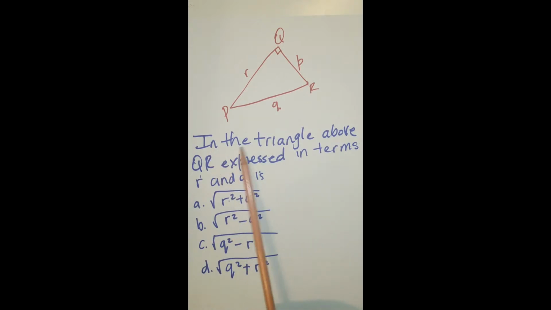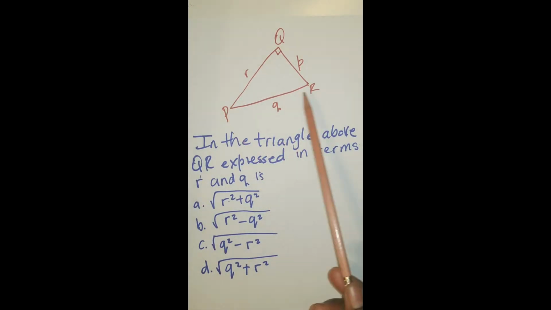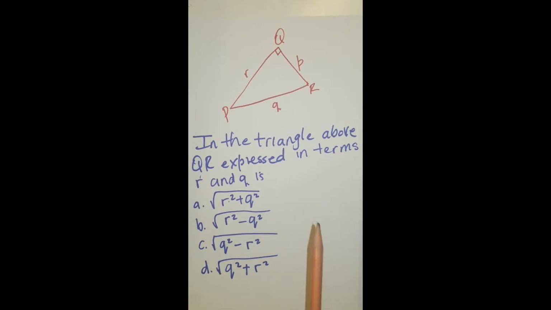So in the triangle above, QR expressed in terms of R and Q is... So guys, it's a right-angled triangle. Alright? And since they didn't give us an angle to observe, we know we're gonna have to use Pythagoras' theorem. Okay? And you see all these square root business going on here?